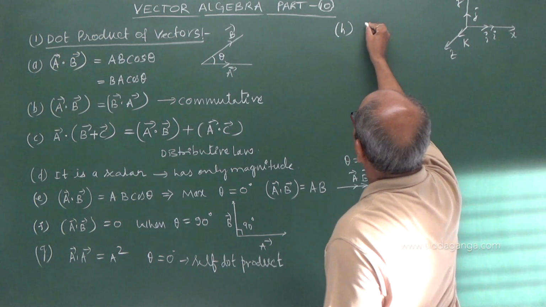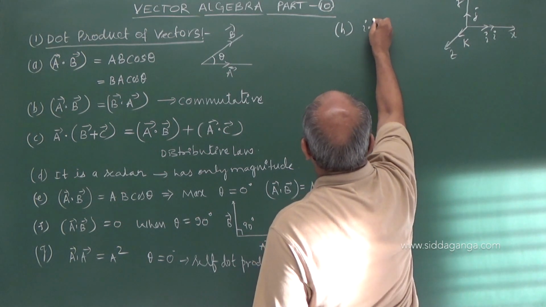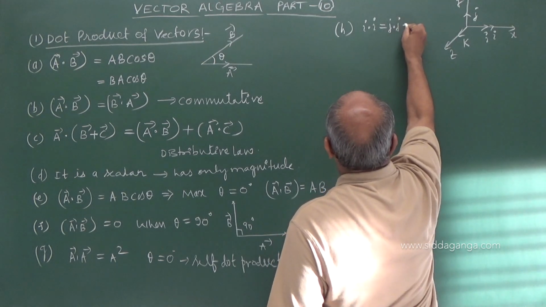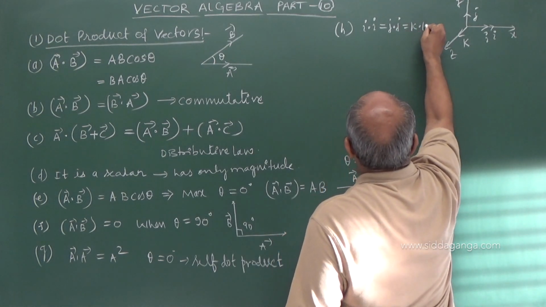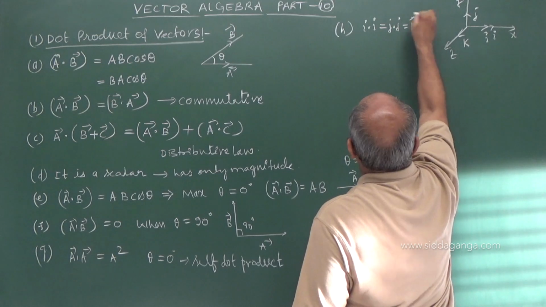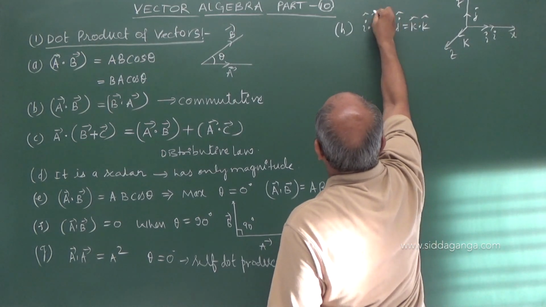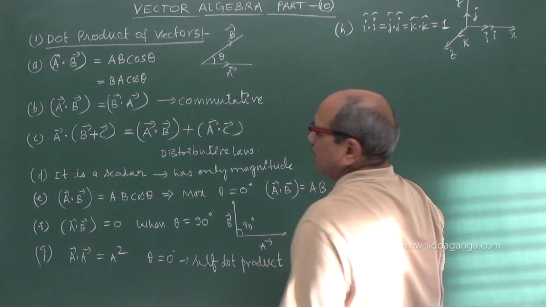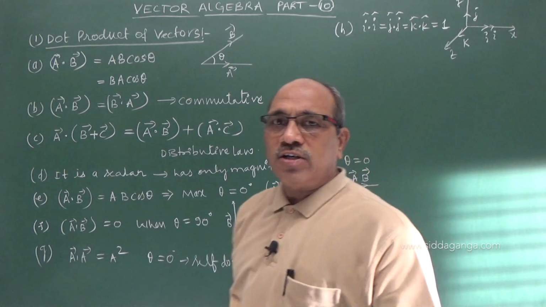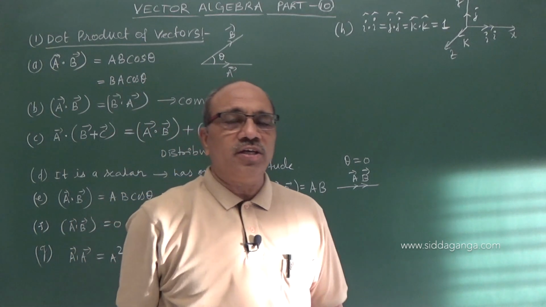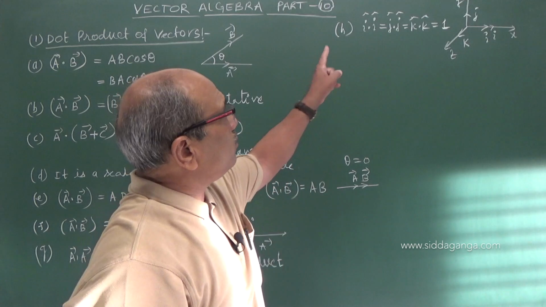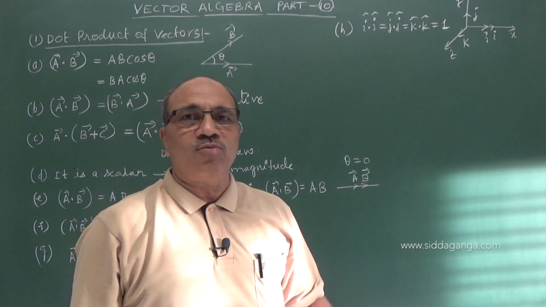Because of this, i dot i, j dot j, k dot k become self dot products. What is the magnitude? i into i is 1 into 1, which is 1. It loses the direction. Similarly, j dot j and k dot k become 1.